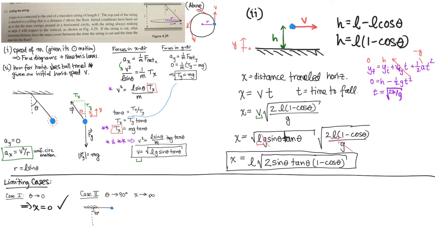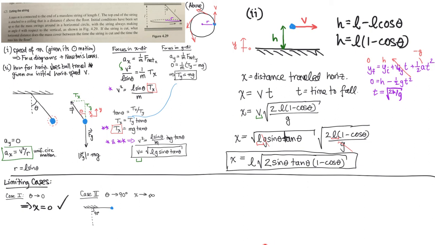And is that indeed the case? Yes, it is, because when theta goes to 90, sine of theta becomes 1, cosine goes to 0, and we have the square root of tangent of 90 degrees, which is essentially approaching infinity. So that tells us that the horizontal distance traveled will be very large, approaching infinity as theta approaches 90.